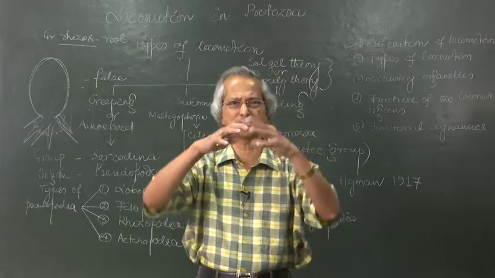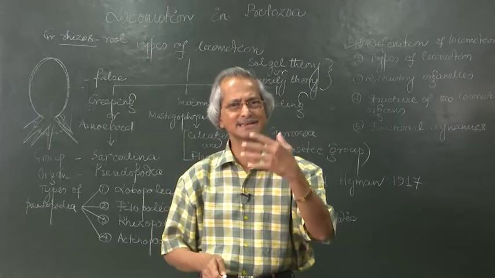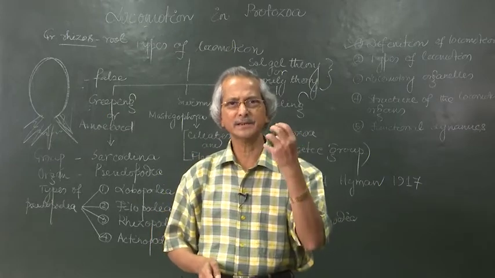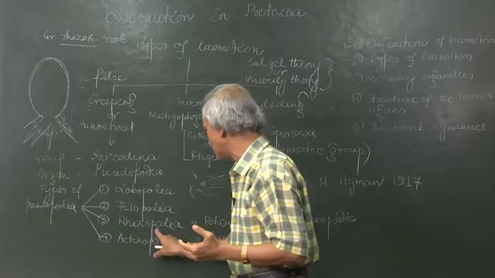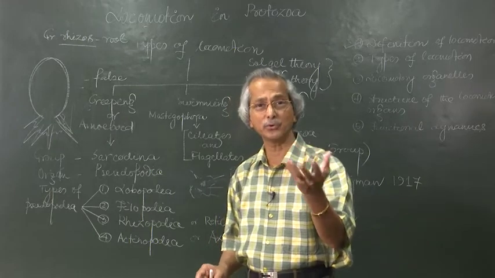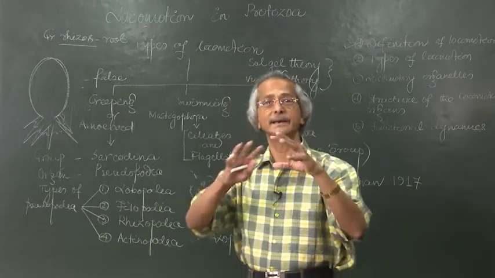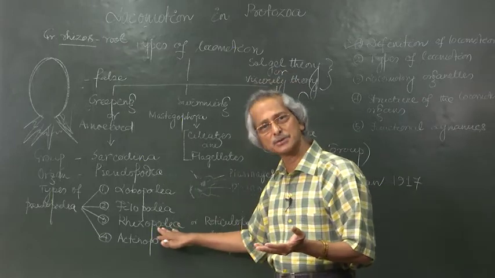Since these are available like a net, these pseudopodia are called rhizopodia because they give an appearance exactly like roots, and they are exactly like a net. Since these are root-like, these are named rhizopodia.